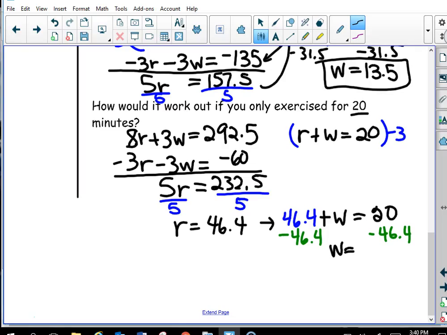I could see right away that I should be running for 46.4 minutes, which is over the amount of time I've set aside, way over, if I'm only going to do it for 20 minutes.